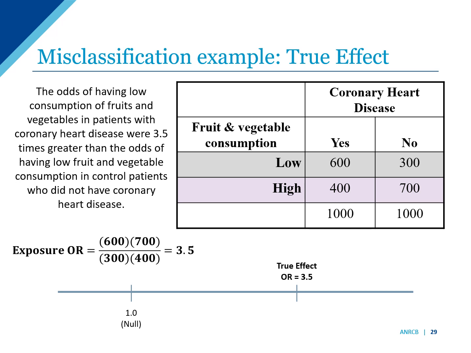We find that those with coronary heart disease had 3.5 times greater odds of having low fruit and vegetable consumption than the control patients who did not have coronary heart disease. And you can see where our true effect lies in relationship to the null value of 1, which is the null value for an odds ratio.